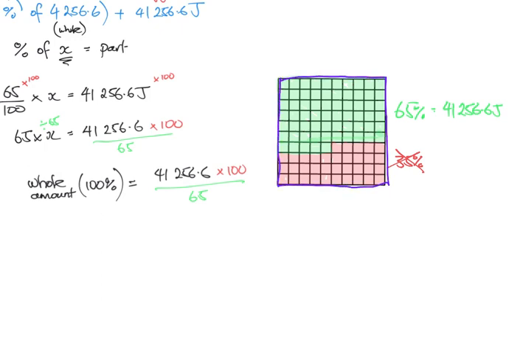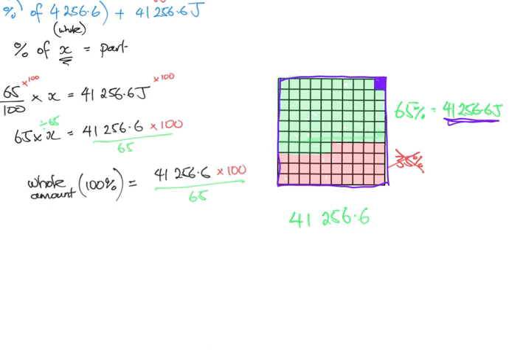The simplest way of doing this is to figure out what 1% is. I don't know what the whole is, but I can figure out what 100% is because I know what 65% is.